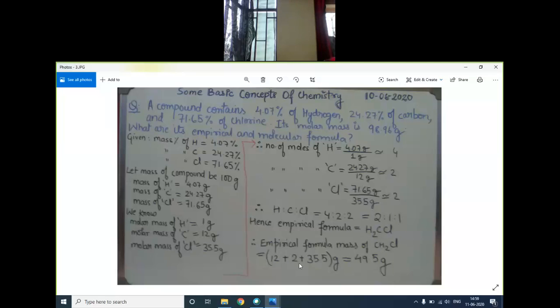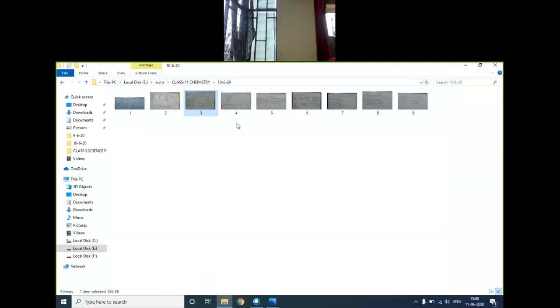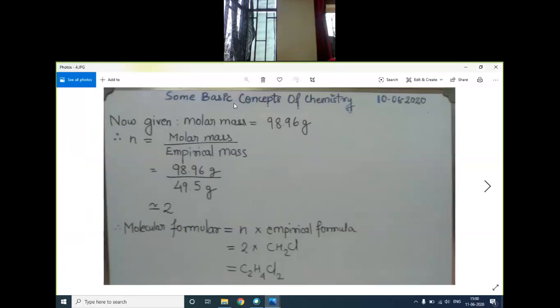So what do we have to do next? We have to calculate the molecular formula. So next we have to calculate N. Now in the question only, it is given that the molar mass of the compound is 98.96 gram. So what is N?